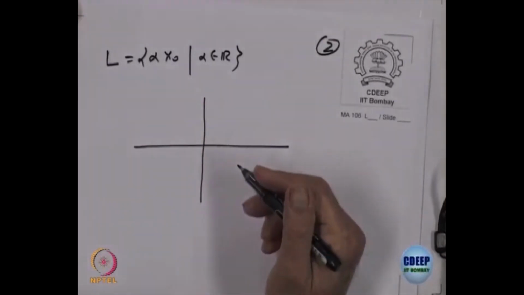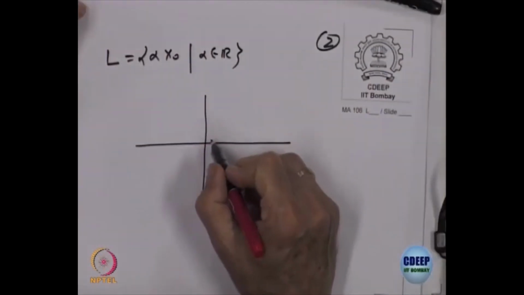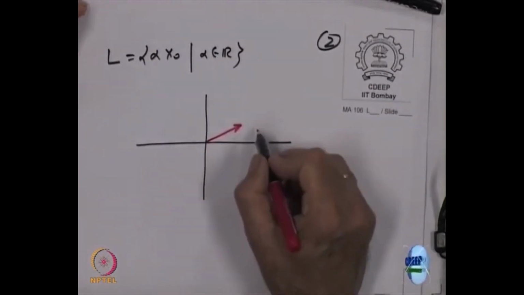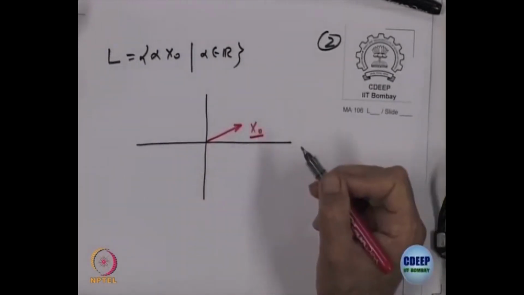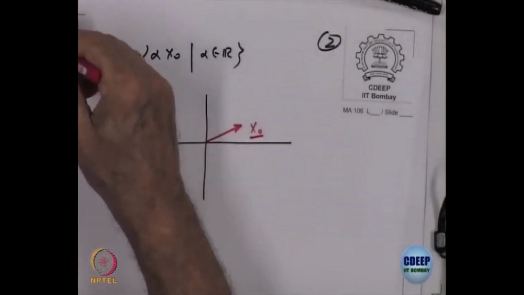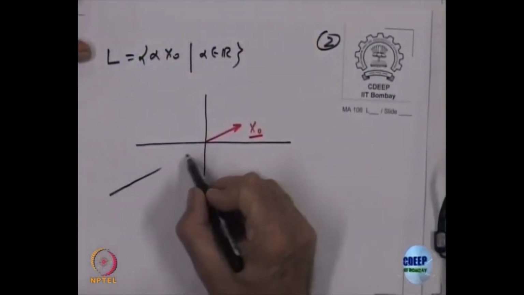X0 is a vector, so I can draw that vector. Let us draw it from here. So, this is a vector, that is my vector x0. What is alpha x0? I am taking a fixed vector and only stretching it, so its length will change only.